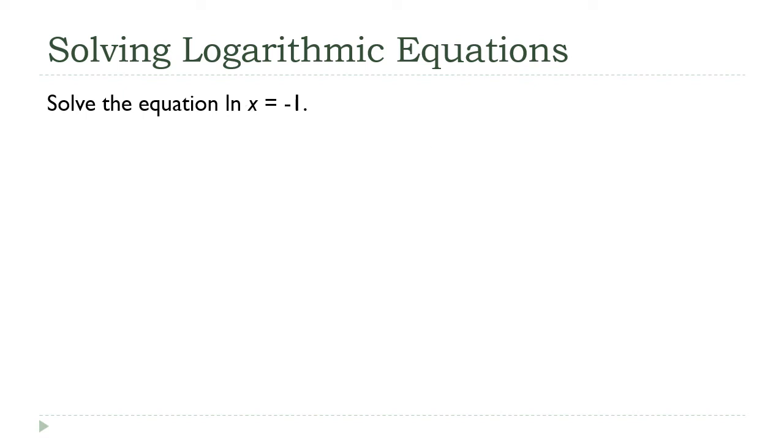So how about this one? Right, I've got the ln of x, the natural log of x, is equal to -1. Well, the reason I picked this one out is that students sometimes see this one and they mistakenly jump to the conclusion that there are no solutions because they say to themselves, the logarithm can't be negative. Well, yes, it can. The logarithm of a number can be negative.